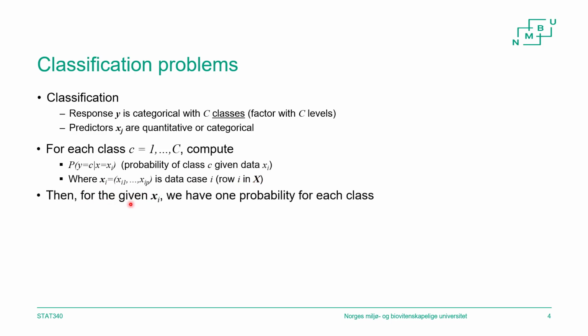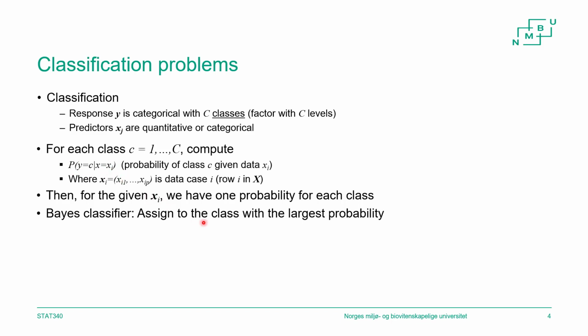Then for this given xi, we have one probability for each class, because you can do this for class 1, class 2, class 3, and so on, right? And then the Bayes rule says assign to the class with the largest probability. So these posterior probabilities, as we call them, are the key, right? If we have these, we have solved the classification problem.